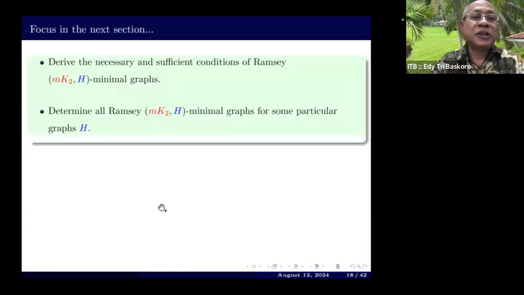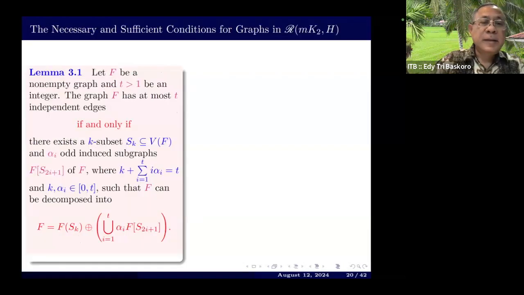Now, in the next section, we derive the necessary and sufficient condition for Ramsey (MK2, H) minimal graphs, and then we determine all Ramsey minimal graphs for (MK2, H) for some particular graph H. To obtain the necessary and sufficient conditions, we use the following lemma.